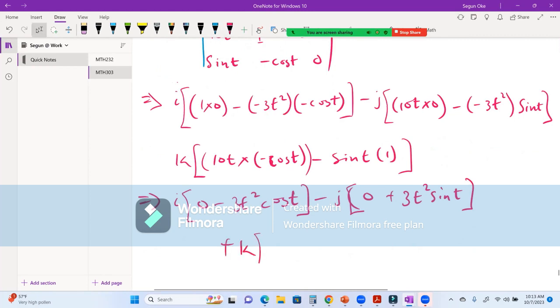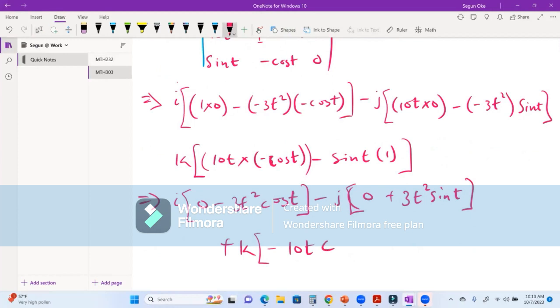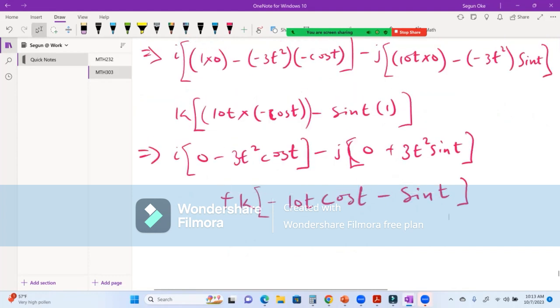Then for k, plus k, what do we have? We have minus 10t cos t, minus sine t. Yes. Now we have everything together.